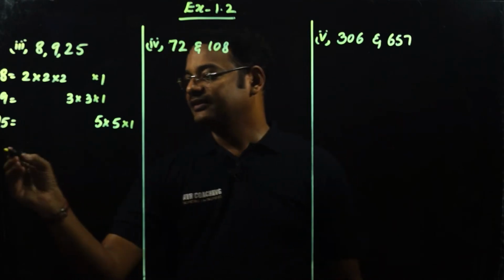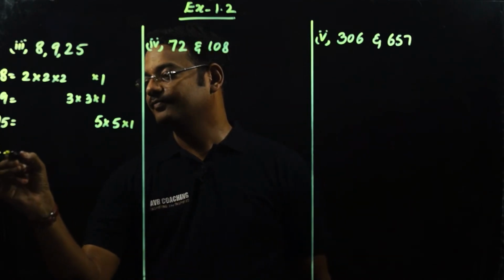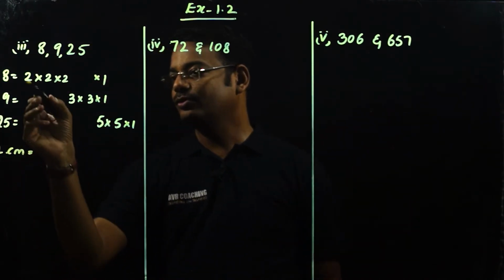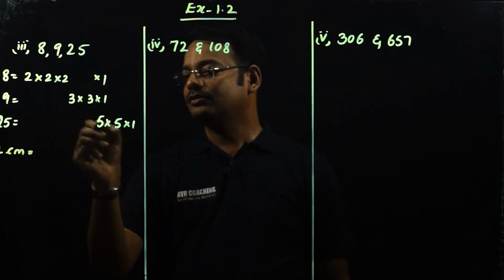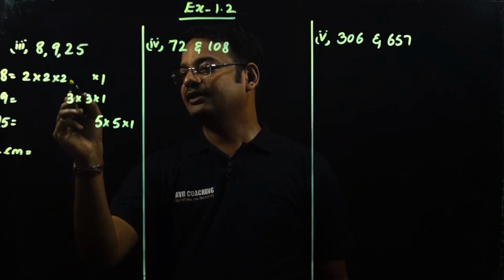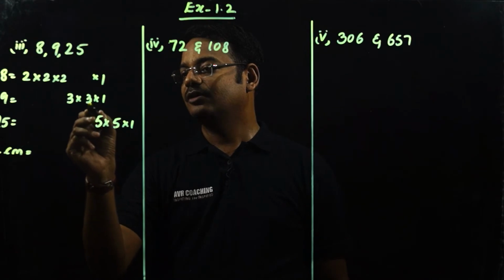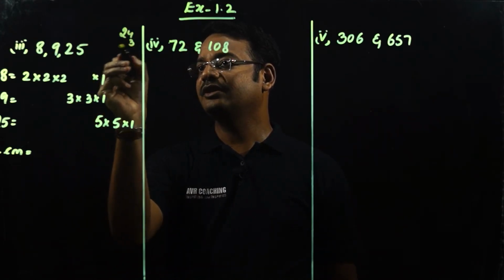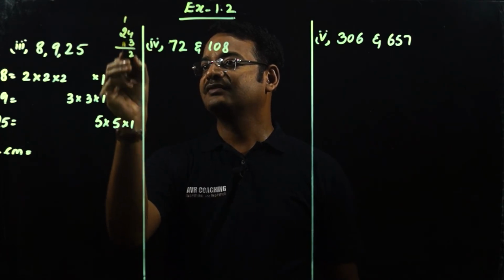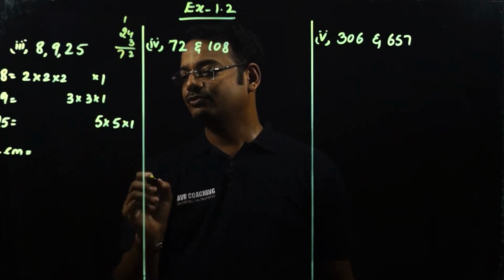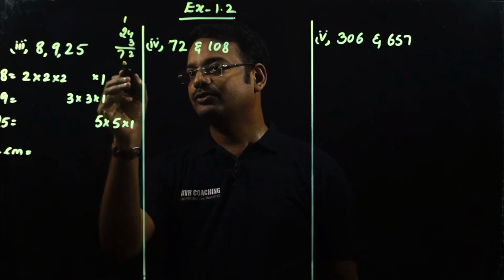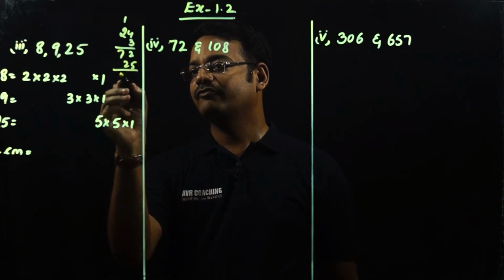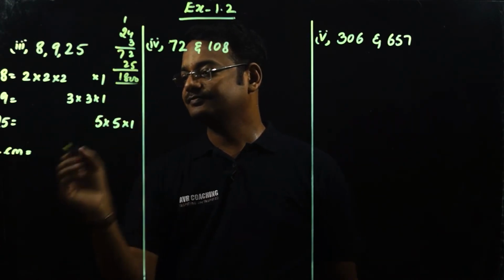So for the LCM, we multiply all the terms. 2 4s are 8, 8 3s are 24, 24 into 3 is 72, 72 into 25 will be 1800.